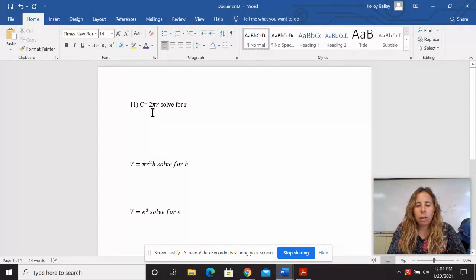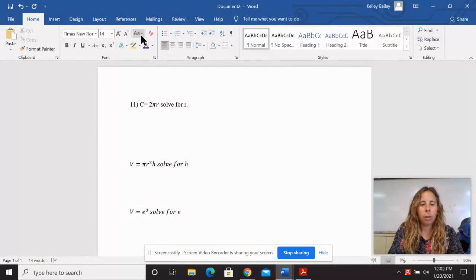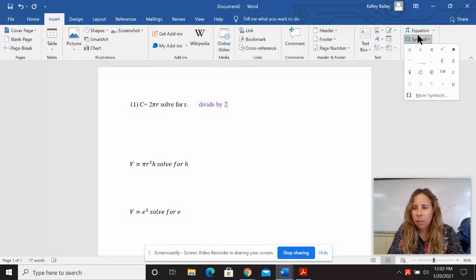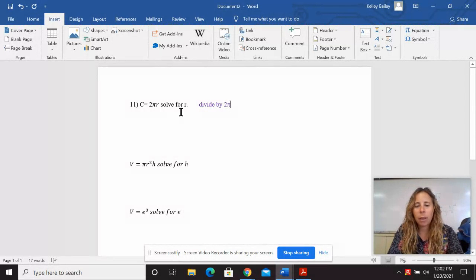So what you're going to do is solve for r. This is 2 times pi times r. So to get r by itself, I'm going to divide by 2 pi.